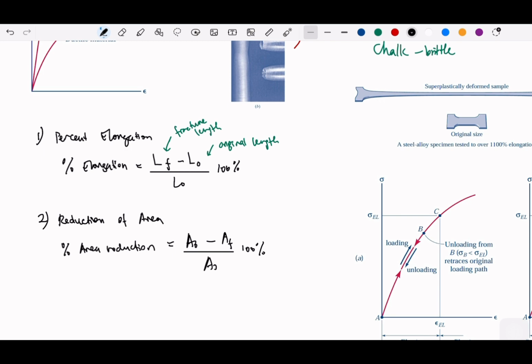And I think both of these are quite intuitive if you imagine how the material can be stretched. So this is the original. This is the final cross section at fracture.